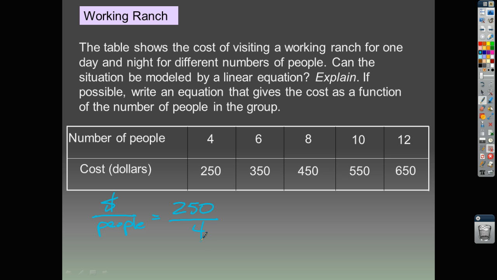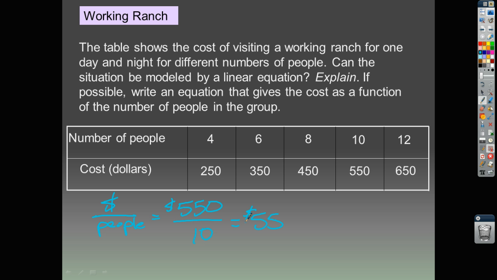And actually, I just saw another one that would be easier. Let's do 10 people, $550 for 10 people. This is easier because if I divide, I just get $55 per person.